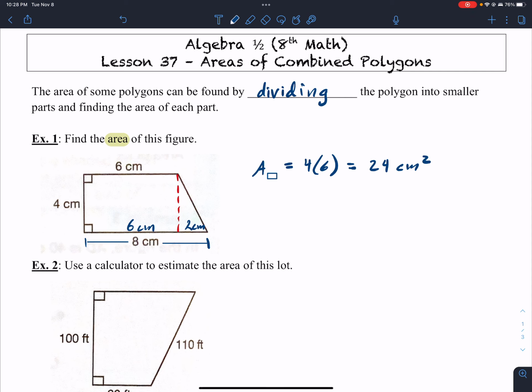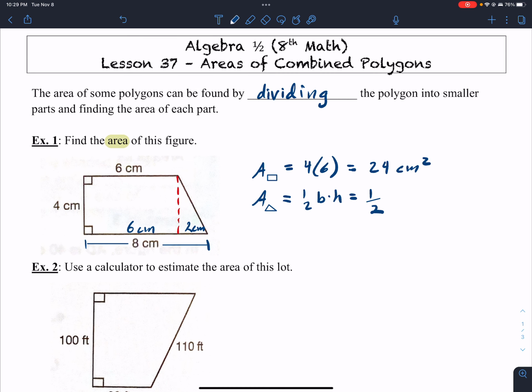All right, then we've got the area of the triangle. The area of our triangle here is 1/2 base times height, right? That's just the generic formula for the area of a triangle, always 1/2 base times height. Our base is 2, while our height is 4.